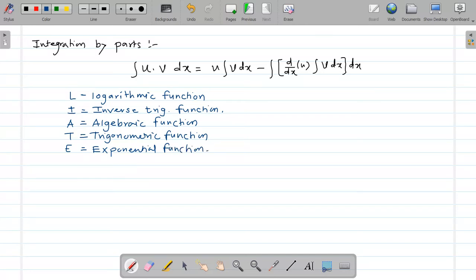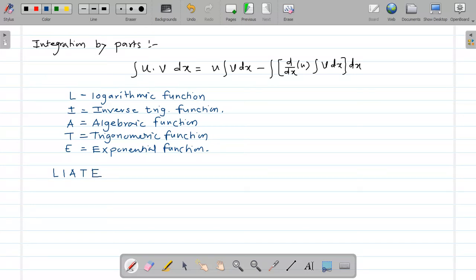Means if the given function is in the form of the product of two different types of function like this: logarithmic function, inverse trigonometric function, algebraic functions, trigonometric functions and exponential function, then you have to keep the order of that function. If you want to select first and second function while taking the integration, you have to keep the order like this: LIATE.